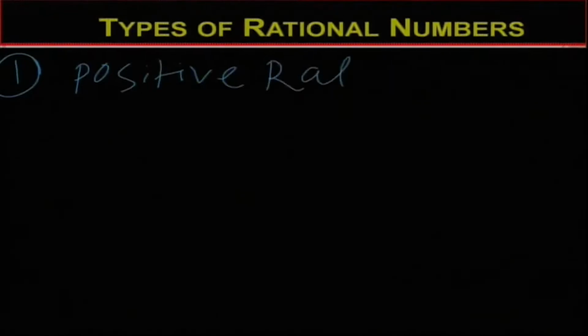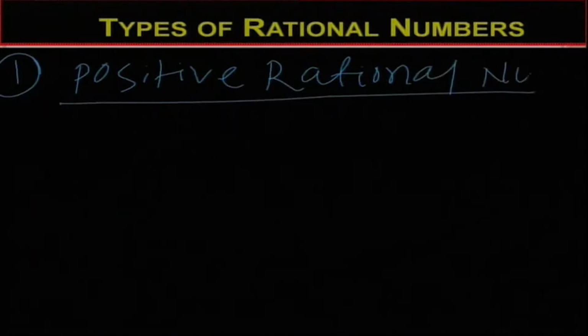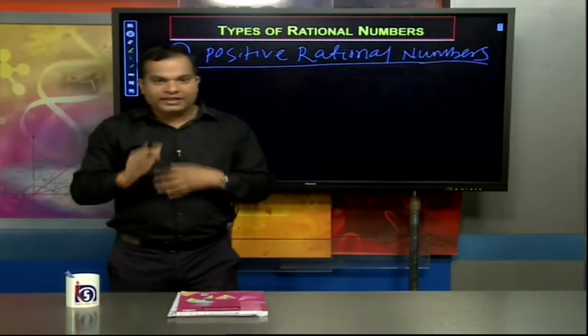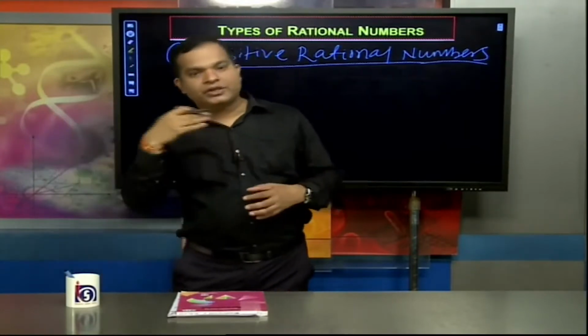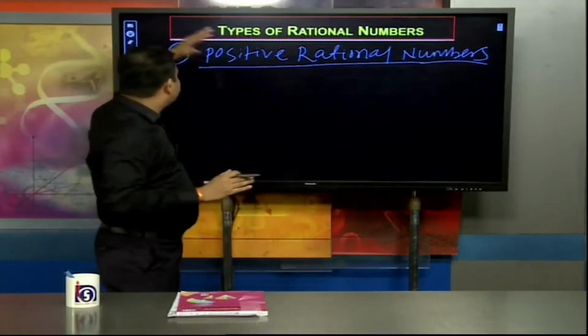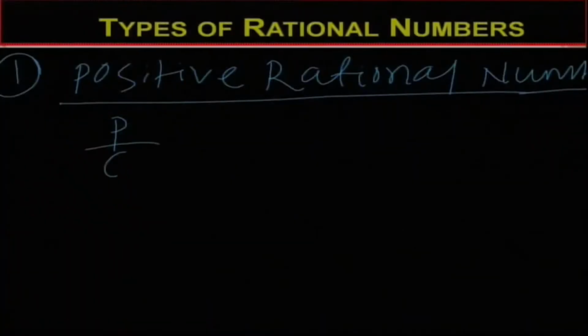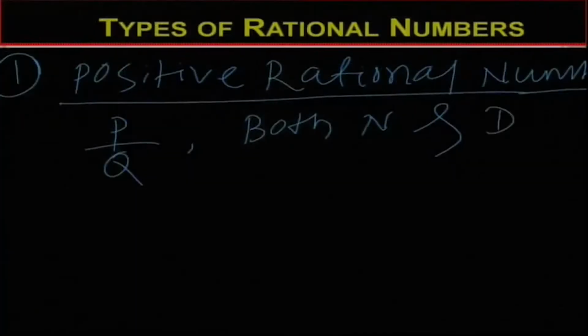We already know a rational number is in the form of P by Q, where Q is not equal to 0, P is the numerator and Q is the denominator. When both the numerator and the denominator are either positive or negative, then you get the positive rational number.